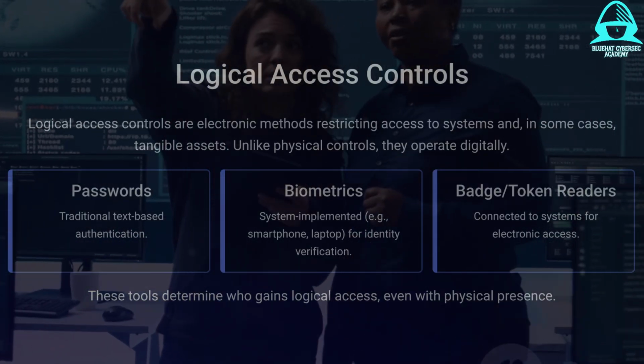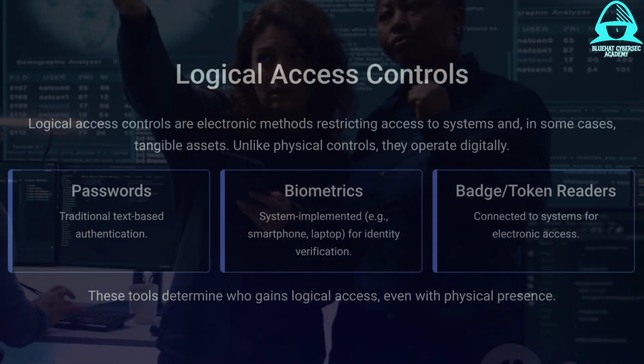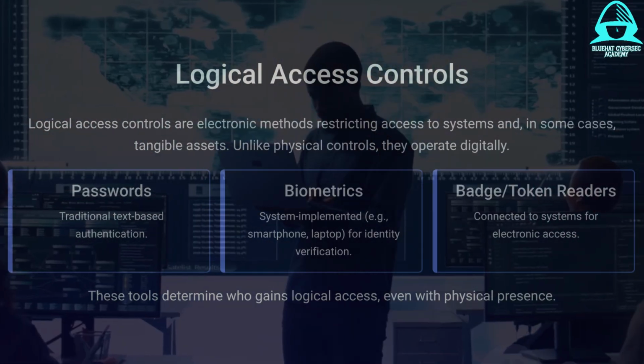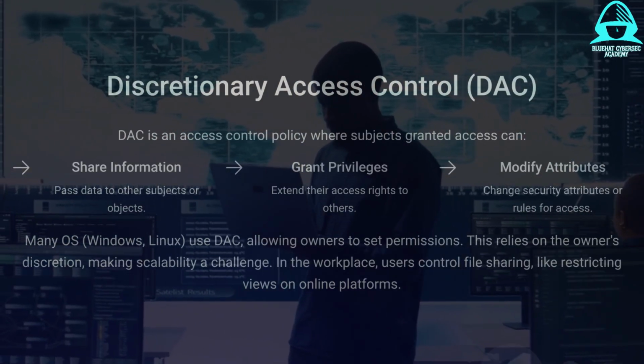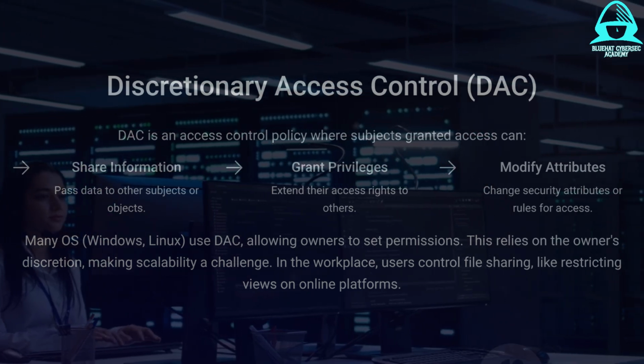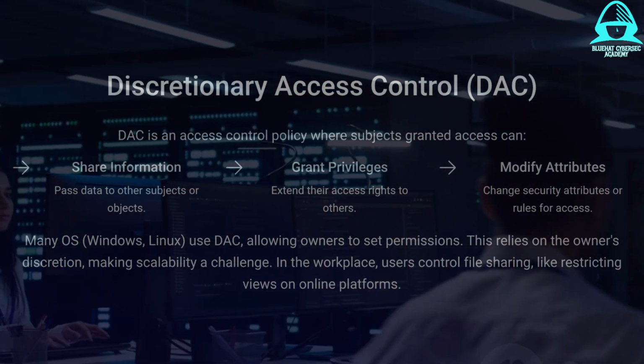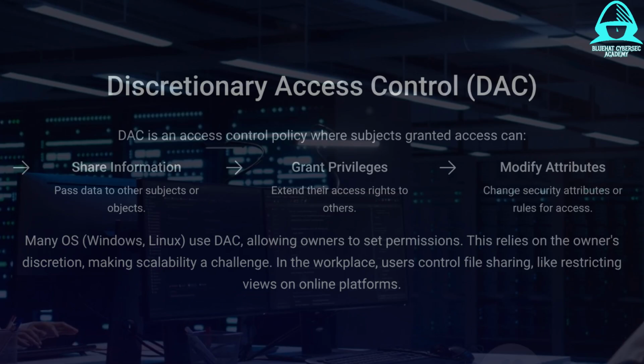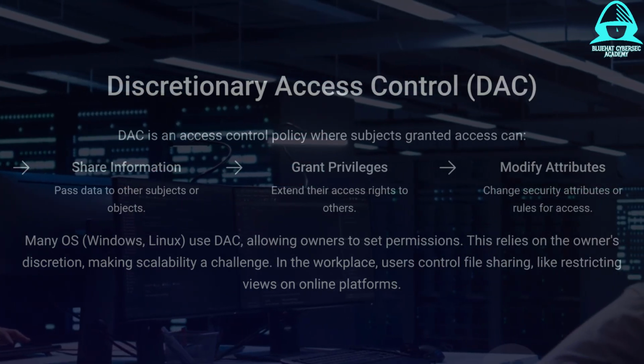Now that we've understood what logical access controls are, let's move further and discuss specific types of access control models, starting with discretionary access control, or DAC. Discretionary access control is a specific type of access control policy that applies to all subjects and objects within an information system.